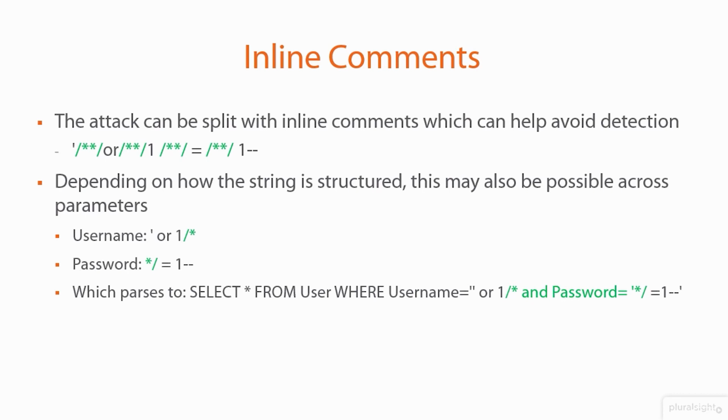The SQL syntax could well be checking for password and then checking for username. So again, this is one of those things that requires a little bit of probing to try and figure out what the web app is doing. But certainly using inline comments is a great way of obfuscating the attack payload such that it circumvents this signature matching. So that's comments. Let's move on and have a look at how we can use variables to also circumvent matching.